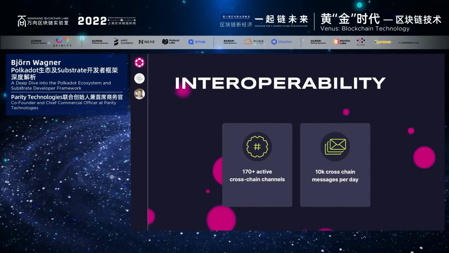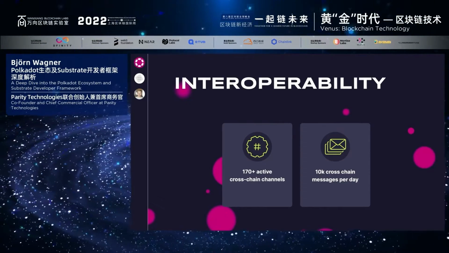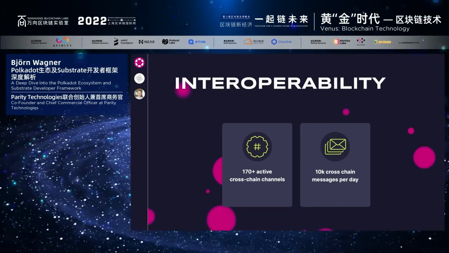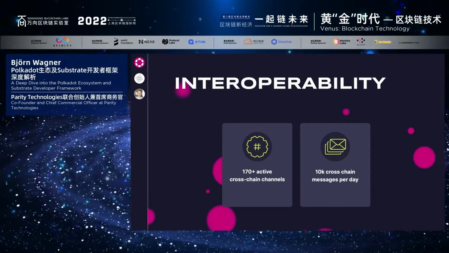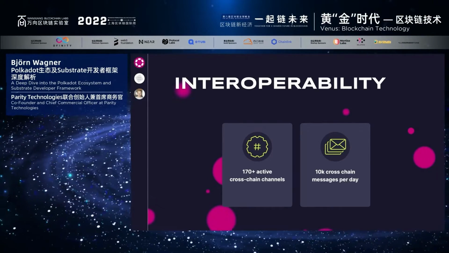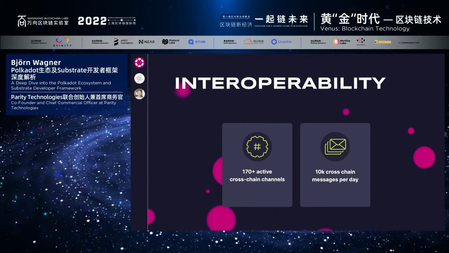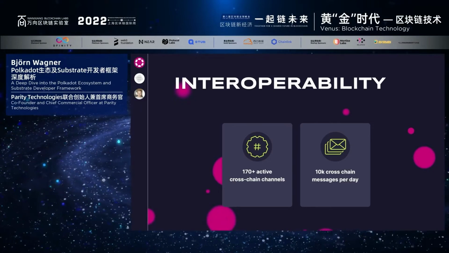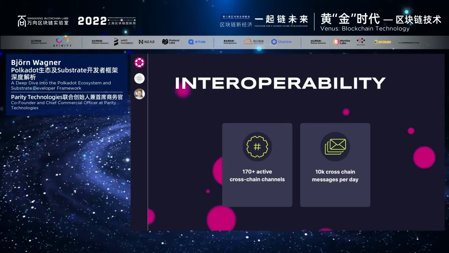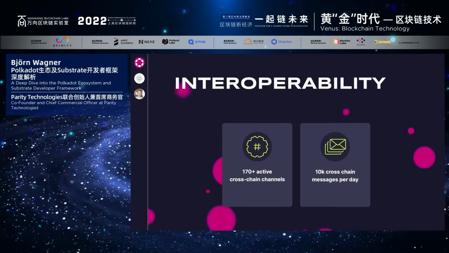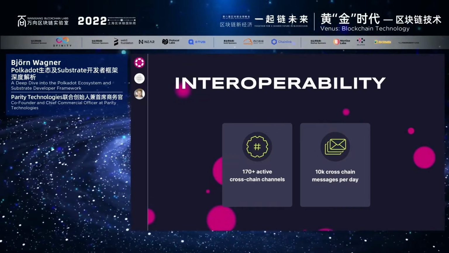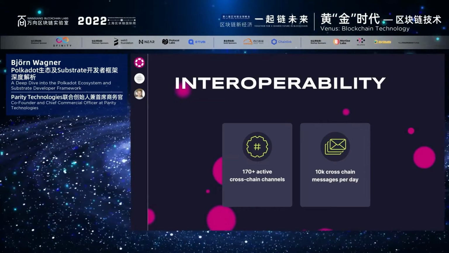In terms of interoperability, we've seen a huge uptick in activity since cross-chain messaging landed on Polkadot just a few months ago. We now have more than 10,000 cross-chain messages being sent per day within the Polkadot ecosystem, with more than 170 active channels between those parachains. And with some exciting updates coming up for Polkadot's interoperability features, these figures are really just the beginning of what we are going to see in terms of cross-chain interoperability.